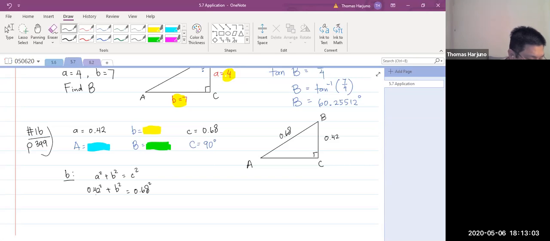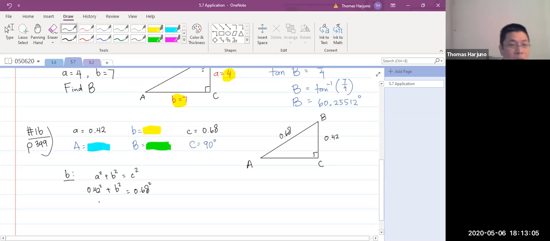0.42 squared is 0.1764. 0.68 squared is 0.4624. So B squared will be 0.286.